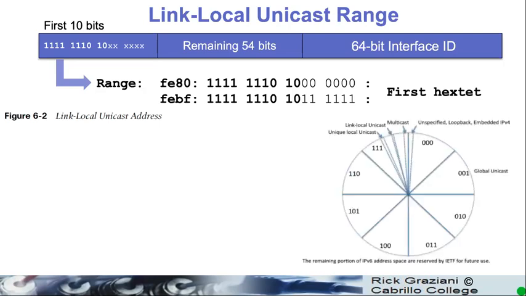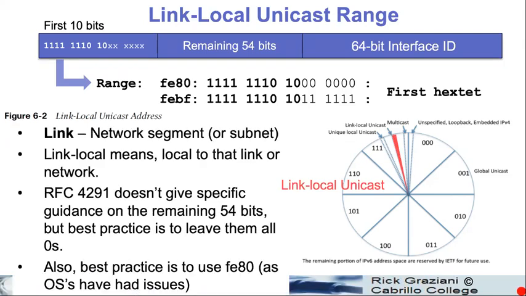It's highly recommended, however, that you use FE80. Some operating systems only support FE80. They won't support FE anything else. We can see it's actually a small sliver of the IPv6 addressing space, not to scale, of course.